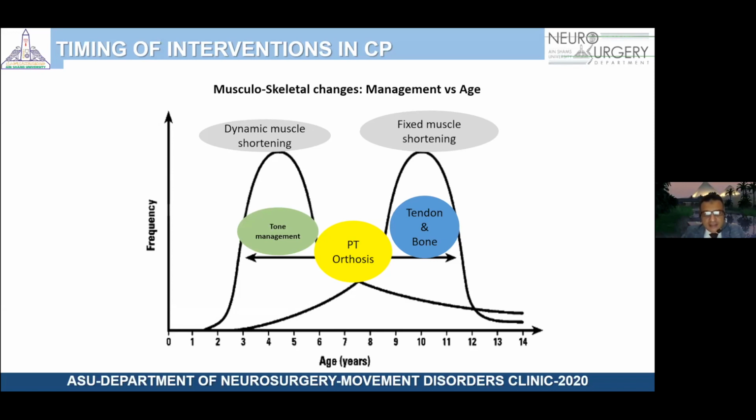And over time, we find that the inevitable changes that happen in the tendons, muscles, and bone make orthopedic intervention mandatory, either alone or in conjunction with neurosurgical procedures at the same time.